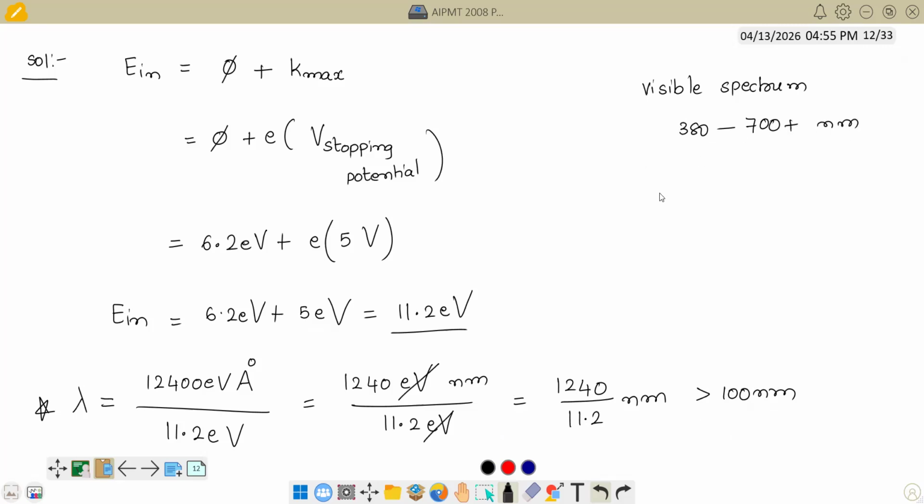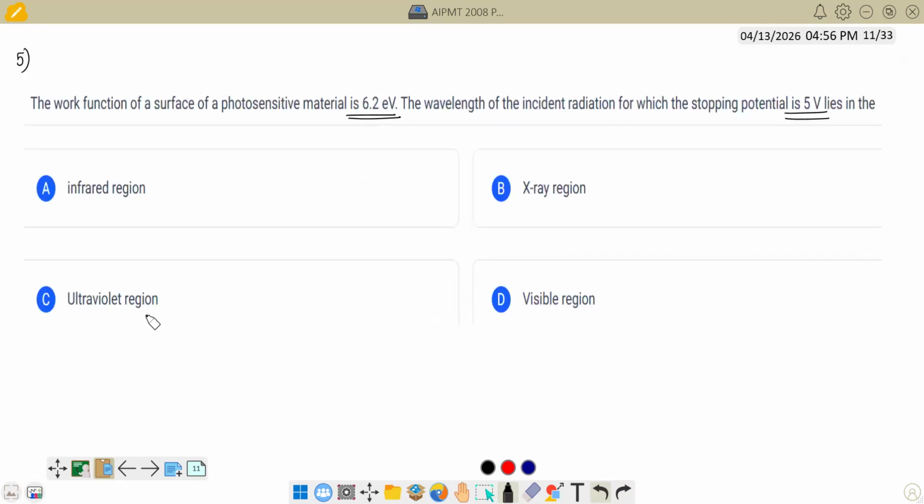Lesser than the visible spectrum means, if it is close to some 110 or something like that, we can clearly see it is slightly greater than 100, some 105. I'm not exactly solving it. So this will fall under UV spectrum. So the correct answer for this would be UV spectrum.